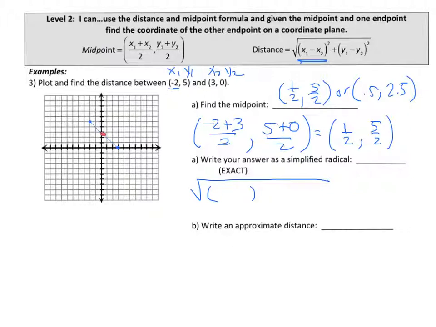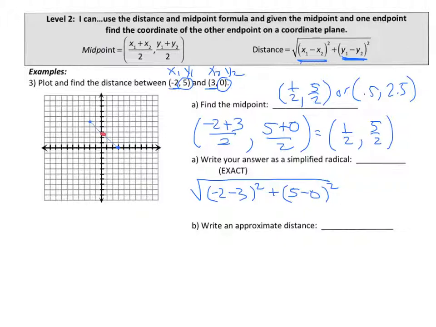So I take the first x minus the second x, -2 minus 3. Then I square that, put a plus sign, and do another set of parentheses, and subtract the y values. The y values were 5 and 0, so 5 minus 0 squared.